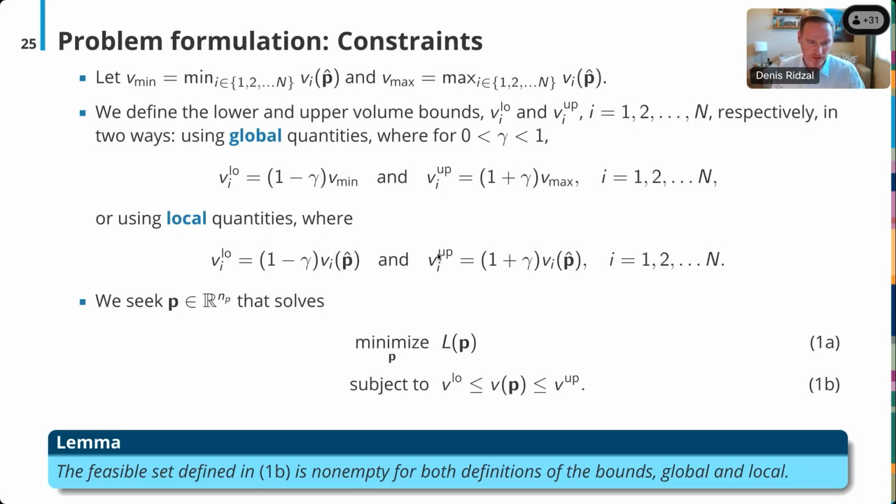Finally, we arrive at this optimization problem where we minimize the objective function L of P, either the lossless one or the relaxed one, subject to the volume bounds. As I said, we can replace these with convexity constraints and other types of constraints. This problem has a solution because the feasible set defined in 1b is non-empty for both definitions of bounds, which is easy to see if you just plug in P hat, the original vertex configuration.